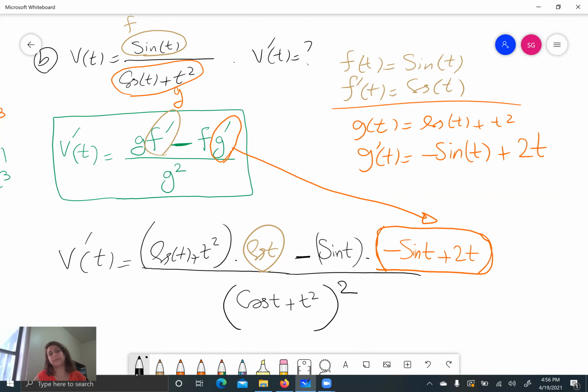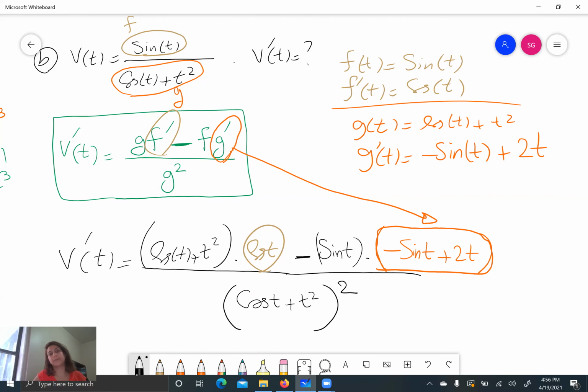In your textbook, if you read the example, you see this notation, d over dx, which is a notation for derivative. When you see d over dx, it means the derivative of whatever is in that bracket.